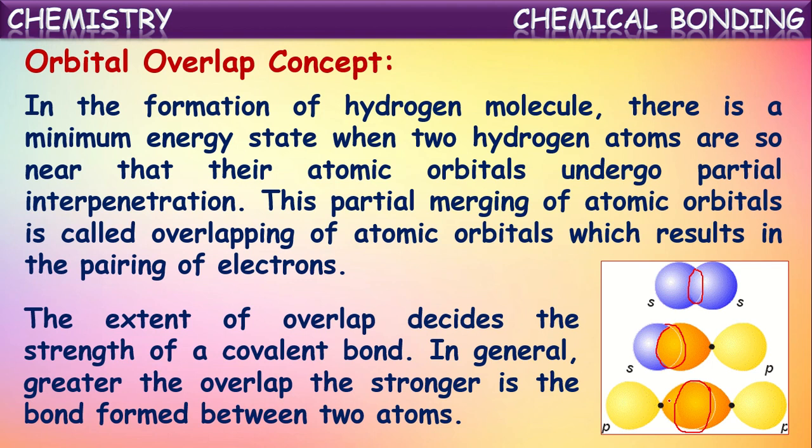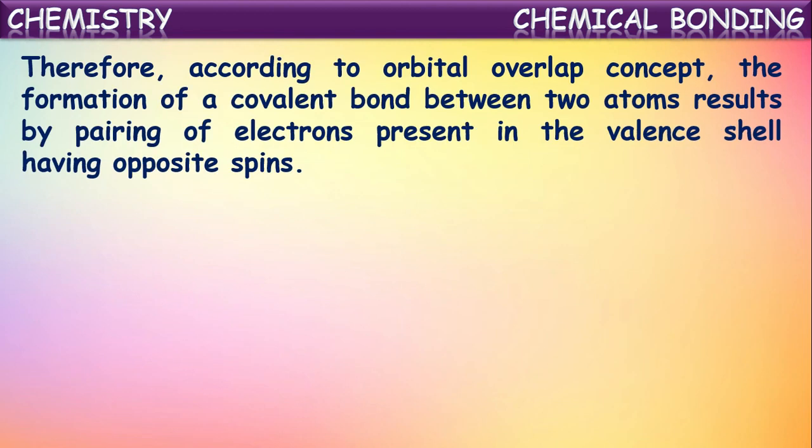As the extent of overlapping increases, the strength of the covalent bond so formed will increase. Therefore, according to the orbital overlap concept, the formation of a covalent bond between two atoms results from pairing of electrons present in the valence shell having opposite spins.